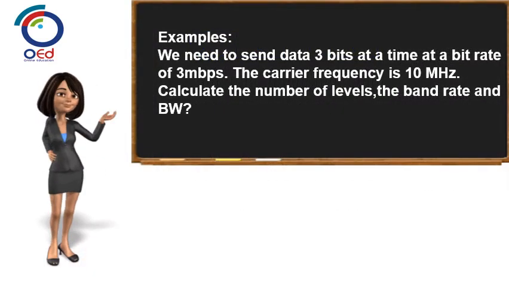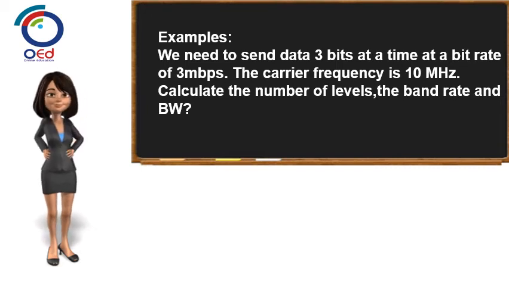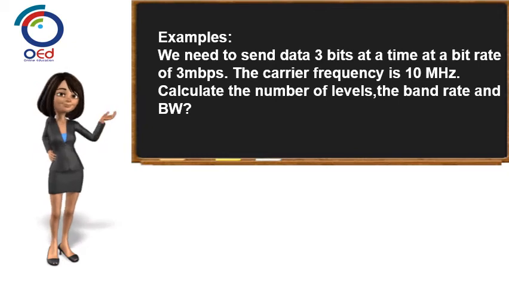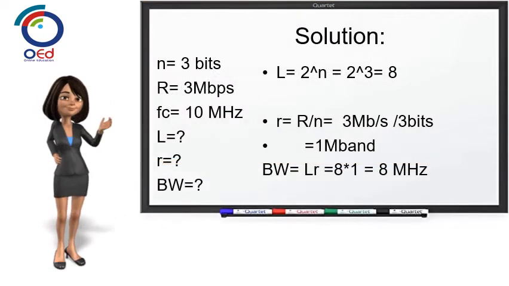Example number 1. We need to send data 3 bits at a time at a bit rate of 3 Mbps. The carrier frequency is 10 MHz. Calculate the number of levels, the baud rate, and the BW. Solution.